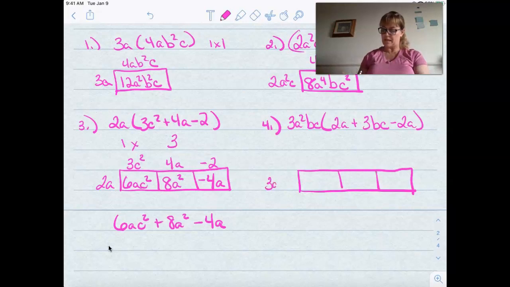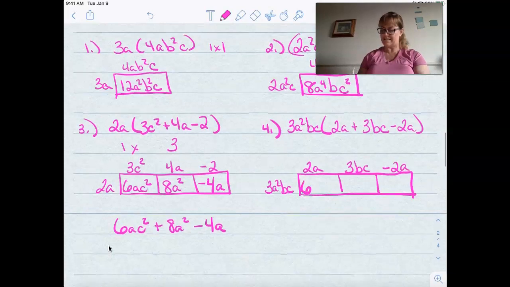You've got 3a squared bc times 2a, 3bc, negative 2a. So 3 times 2 is 6. A squared times a is a cubed, bc.